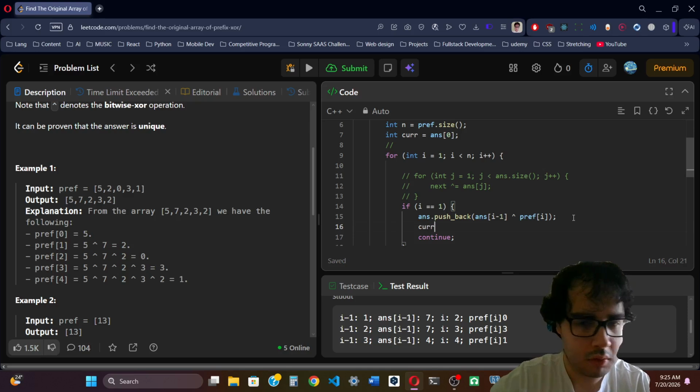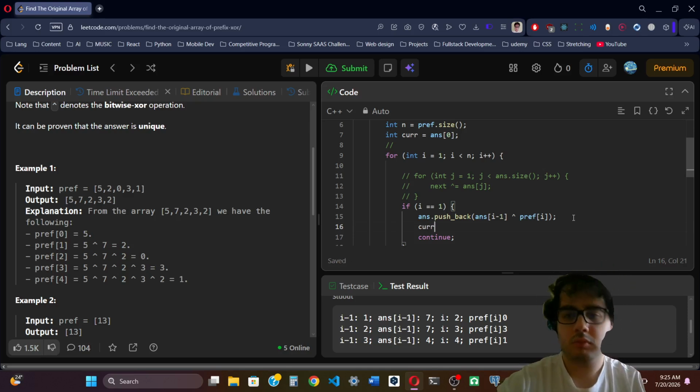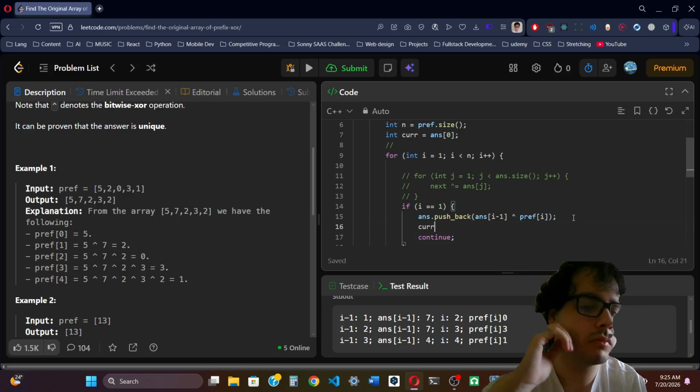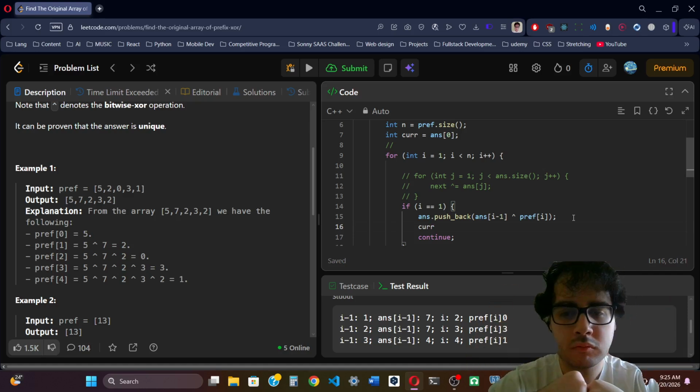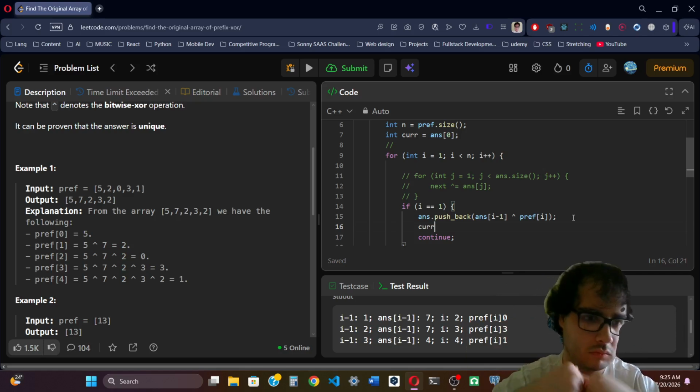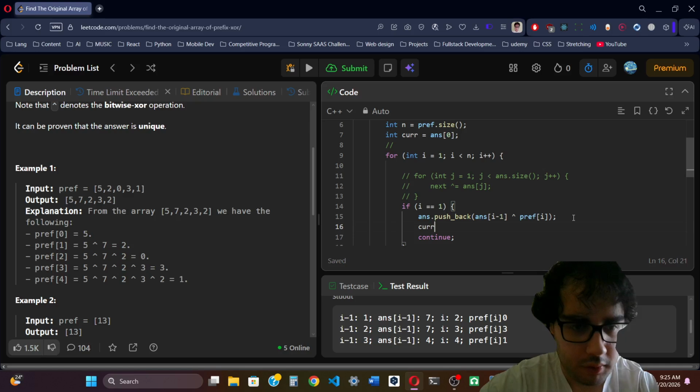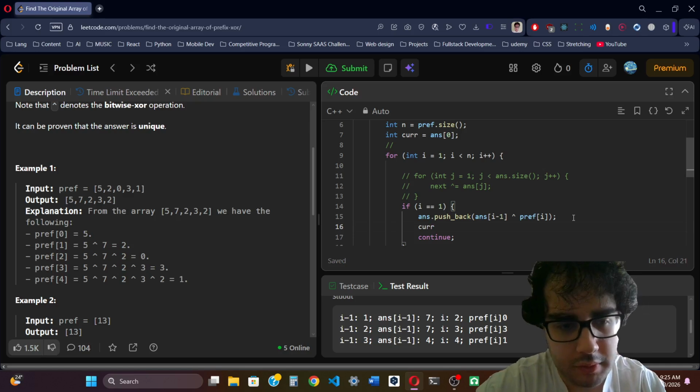So shoot, man. Okay, wait. Cur is actually 5 XOR 7 is 2.